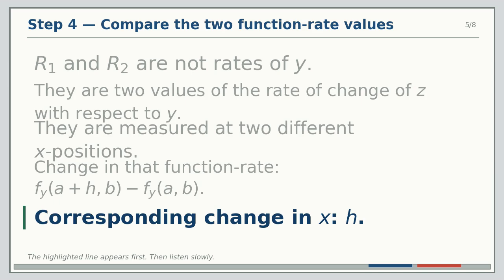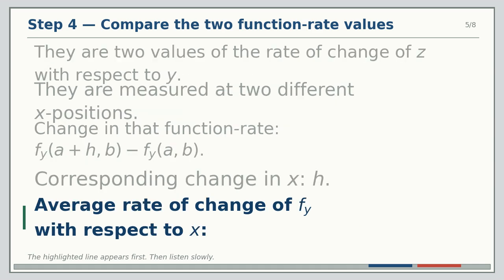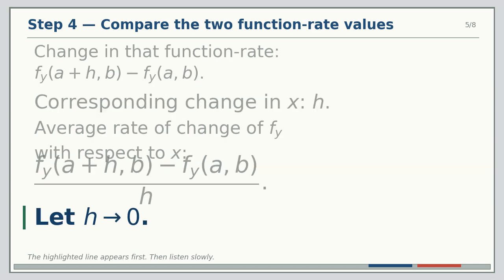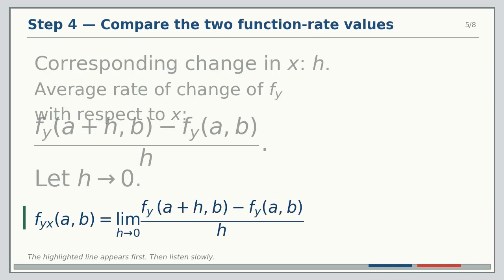The corresponding change in x is h. Therefore, the average rate of change of f sub y with respect to x is the following: f sub y at (a plus h, b) minus f sub y at (a, b), divided by h. Now let h tend to 0. This limit is f sub yx at (a, b).